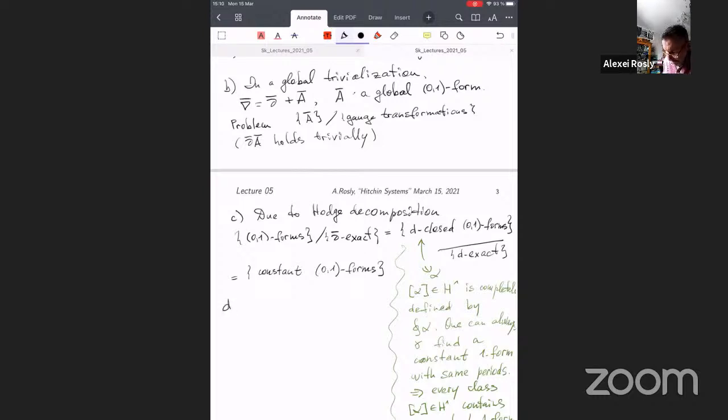So the next step: the space H01 of X, which is the same, as we now know, as the space of constant 0-1 forms. In this space there are still some points which are related by gauge transformations, gauge equivalent points.